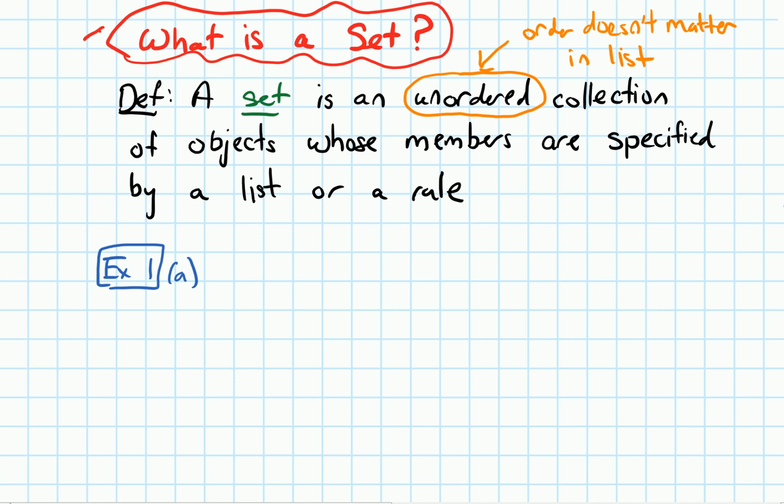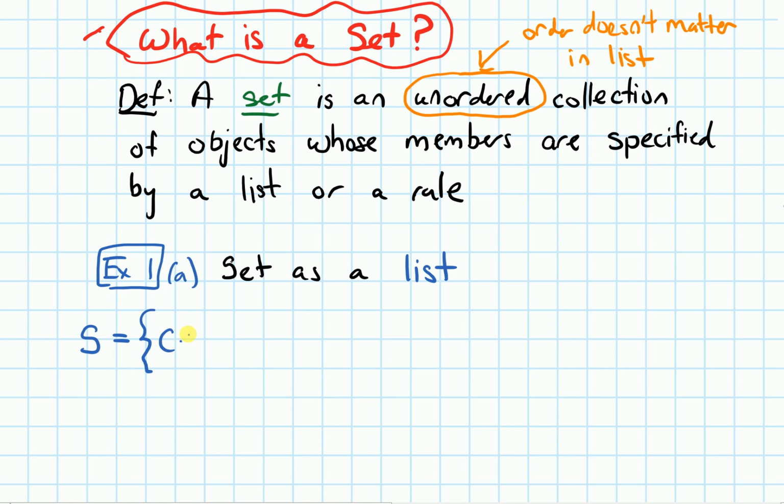In part A, I'm going to write an example of a set as a list first. So let's do it as a list. So I'm going to call my set S. And the way I notate this is I put some curly brackets. Okay, and then I'm going to put some members inside the set. So I'm going to put some states in here.